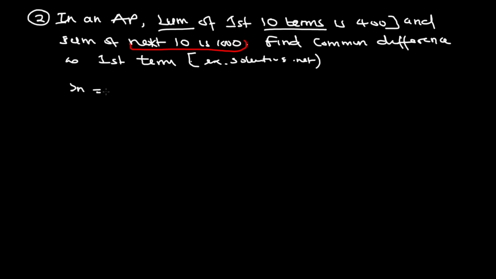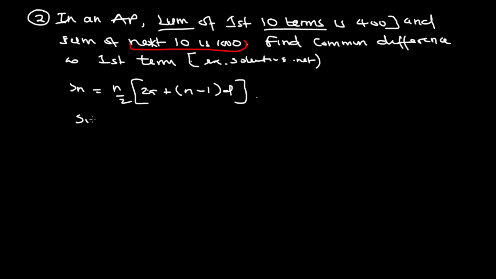Our formula, we remember it was n over 2. So we need to practice to remember these formulas. Here it's 2a plus (n minus 1)d, like that, where a was the first term, n the number of terms, and d the difference.